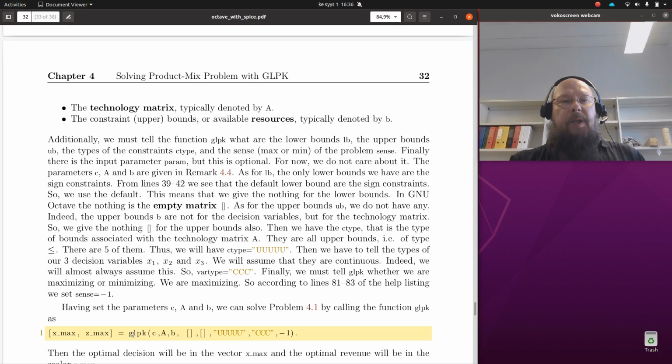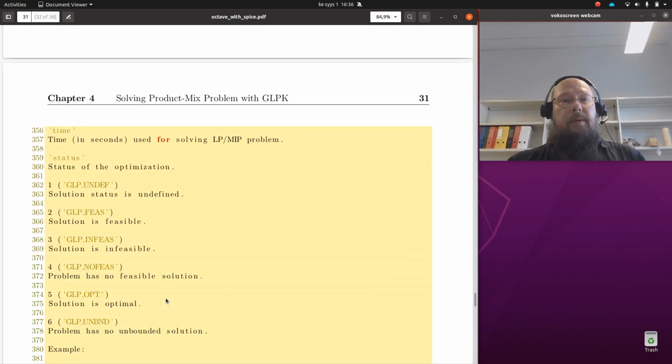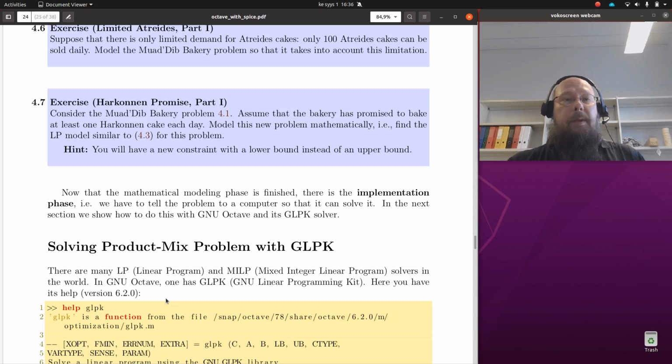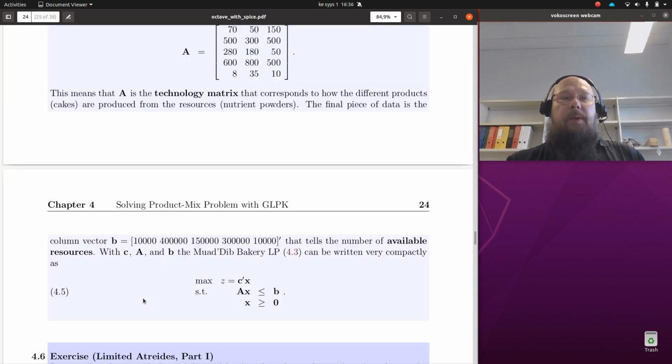So then I call GLPK, and this is always how it starts, c, A, b, if it's in what I call standard form. So, sorry about this, but let's scroll back a little bit. So this was the 4.5. If it's an LP and it's this kind, I call it the standard form, when there is an upper bound here and maximization and sign constraints.